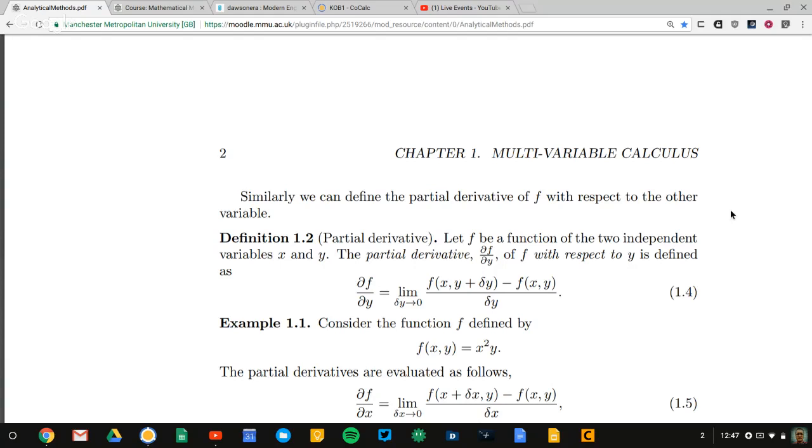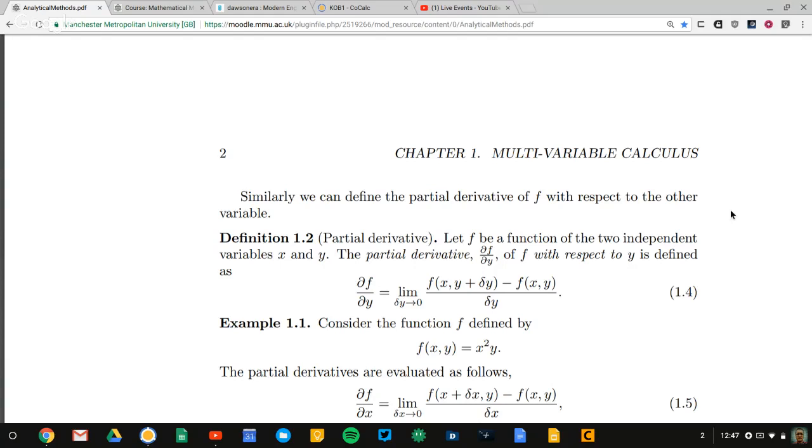Then you've got a quantity here, delta x times y. You're taking the limit as delta x approaches 0. Well, it doesn't matter what value y has. Whatever value it has, it's multiplied by something which is converging to 0. So the limit of the second term is just going to be 0. So we've got a limit of a constant plus a term. The term is approaching 0. So the value of the limit is just whatever that first constant is.